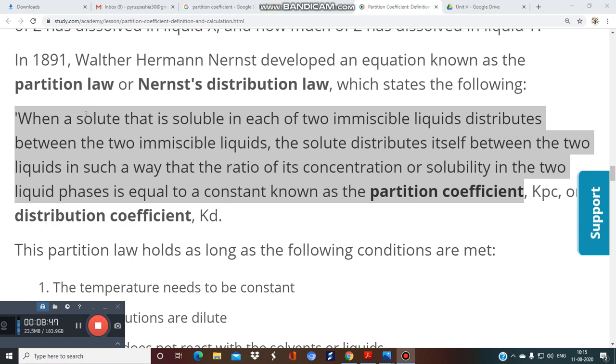And the solute, in case of chromatography, we can say a particular sample or a particular mixture. So when a solute distributes between the two immiscible liquids, the solute distributes itself in such a way that the ratio of its concentration or solubility in the two liquid phases is equal to a constant that is known as the partition coefficient.